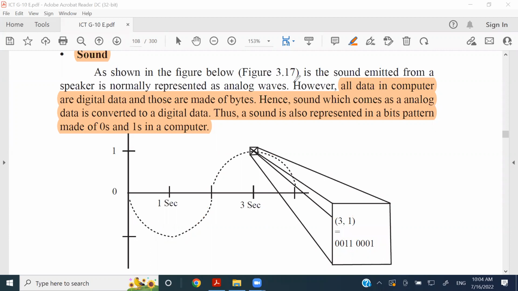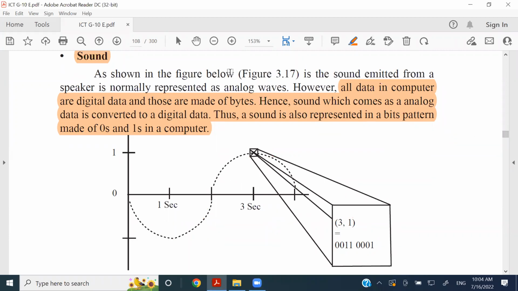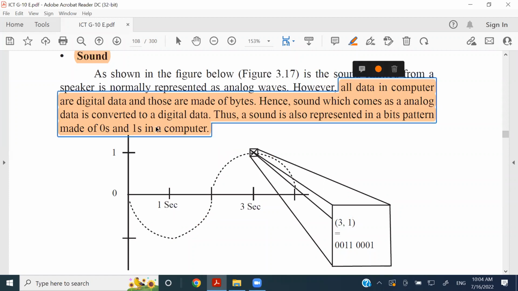Okay, so let's write this down. The second example, sound, write down these particular points, and then draw the diagram as well.